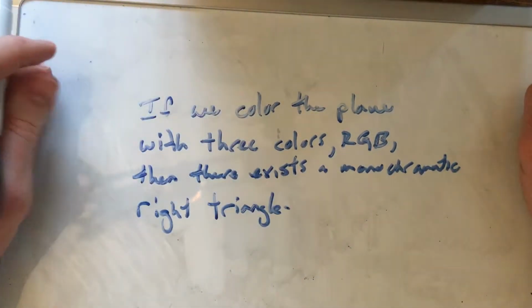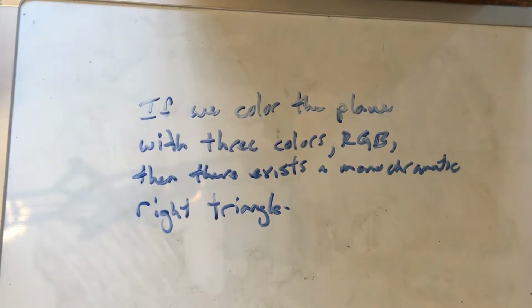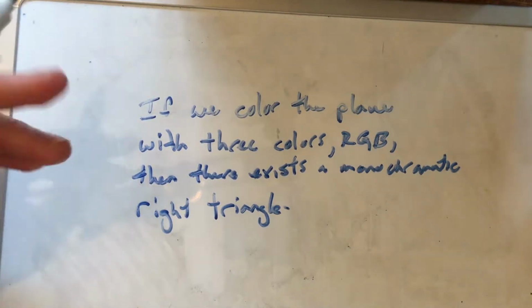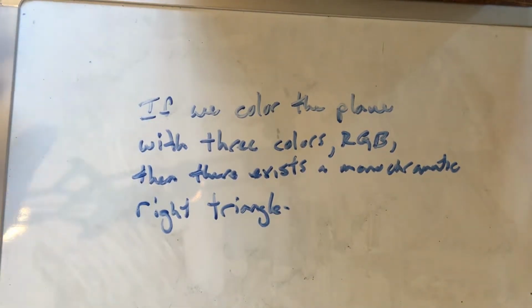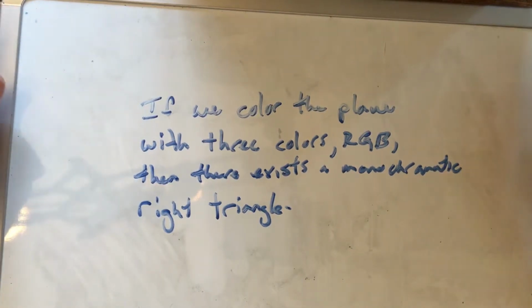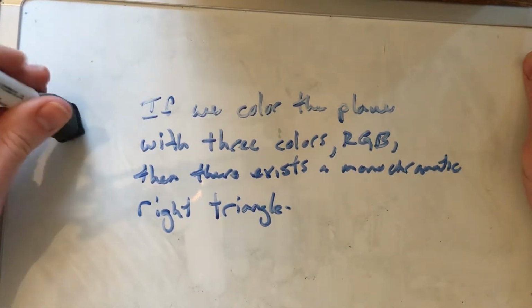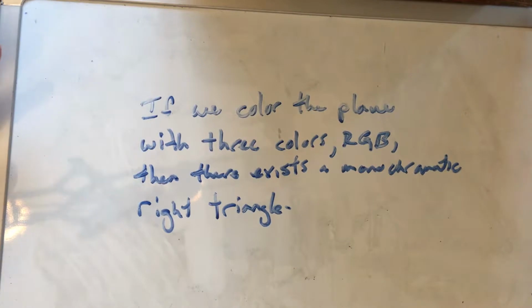Now, of course, at some point we're going to use Thales' Theorem in order to prove this. But this is going to come down to several cases, and we'll explore one at a time. Okay, so this is the idea.